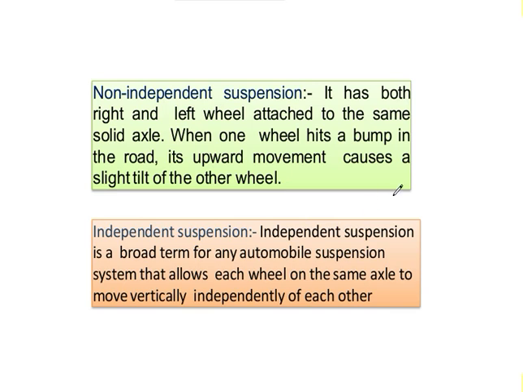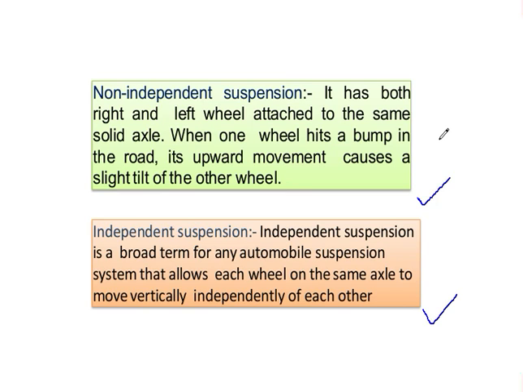There are two types of suspension systems: non-independent suspension and independent suspension. In case of non-independent suspension, both the right and left wheels are attached to the same solid axle. When one wheel hits a bump in the road, its upward movement causes a slight tilt of the other wheel.